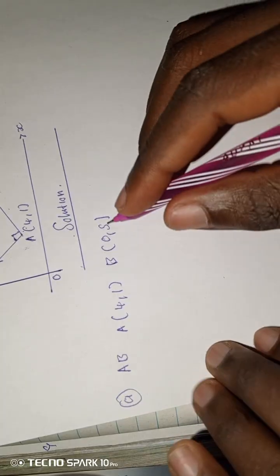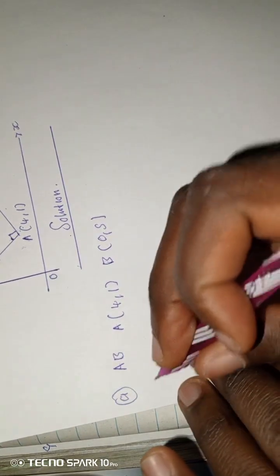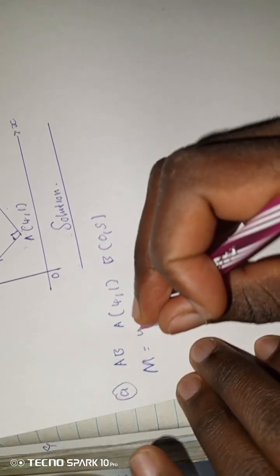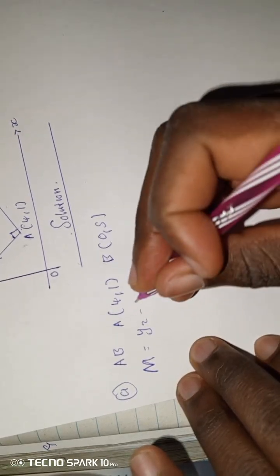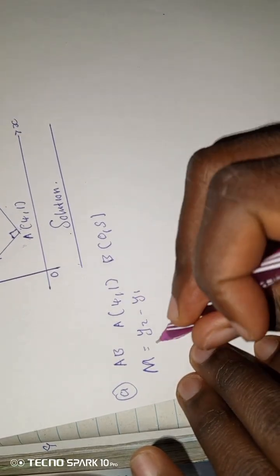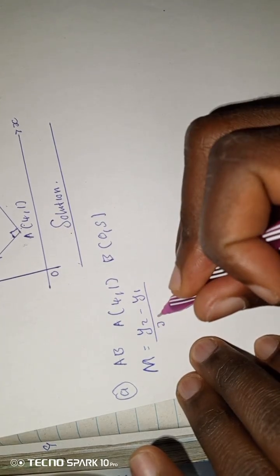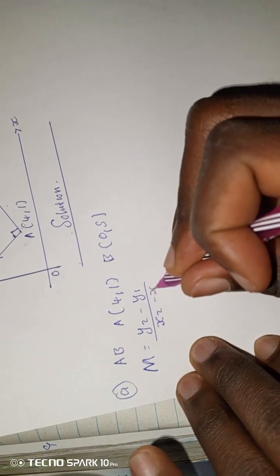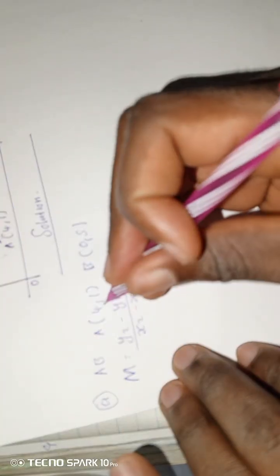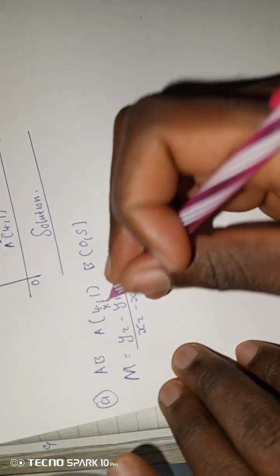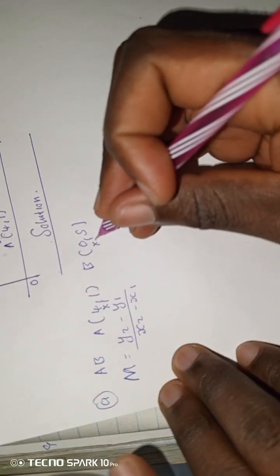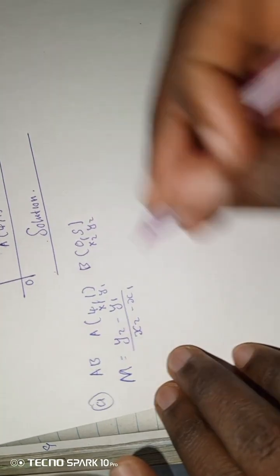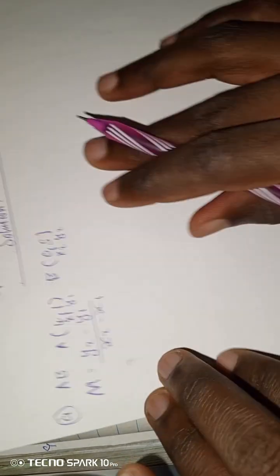So from here, we need to find the gradient. So say gradient equals y2 minus y1 over x2 minus x1. So from here, this I'll call my x1, this I'll call my x2, this will be my y1, this will be my y2. So here is just to substitute.